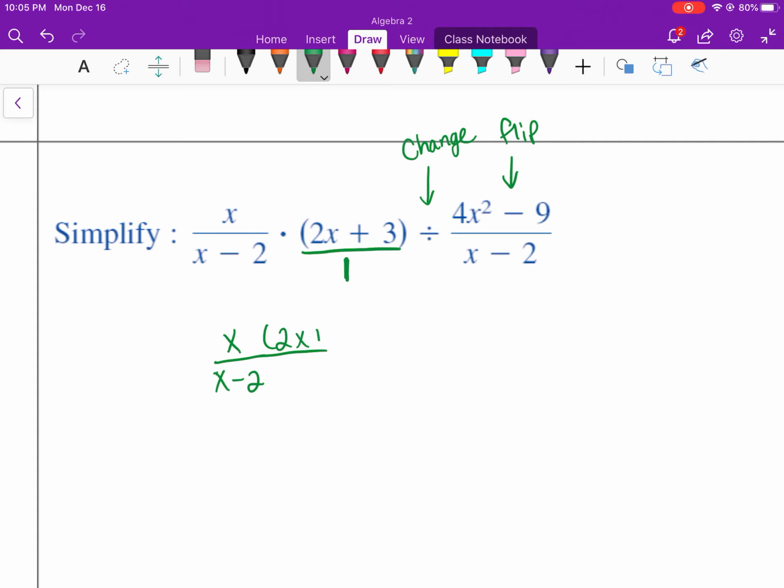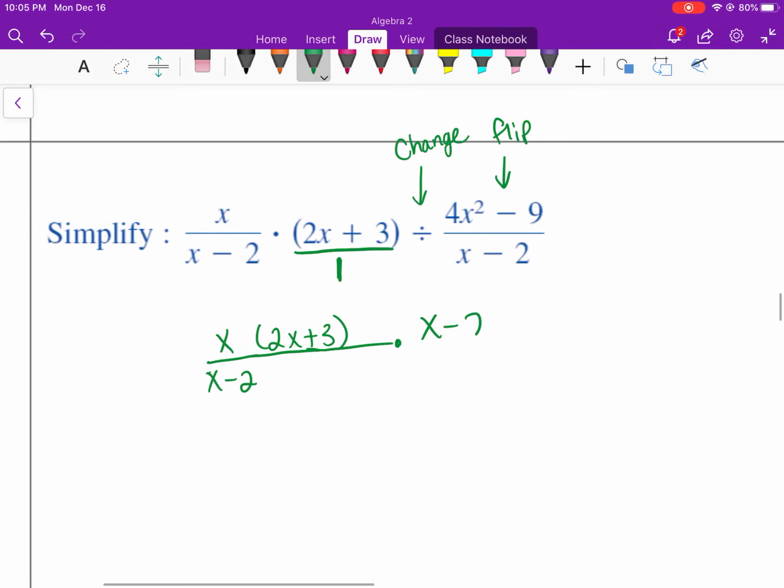And then x times 2x plus 3, and then we have the times 1 times the x minus 2 over 4x squared minus 9. So we can maybe make that all one big fraction. So I have the x minus 2 over x minus 2 will simplify, and then 4x squared minus 9 is a difference of perfect squares.